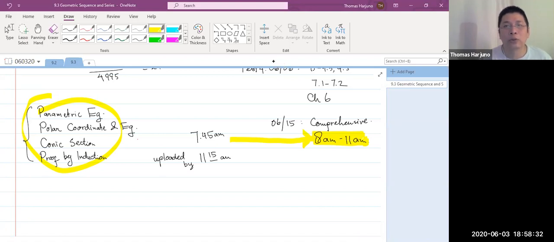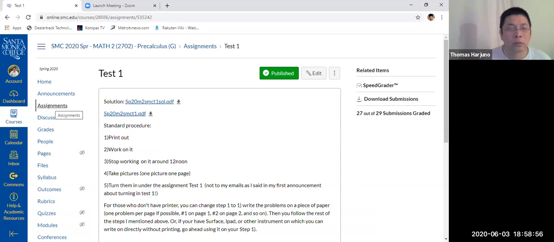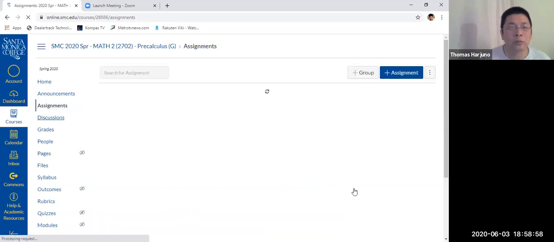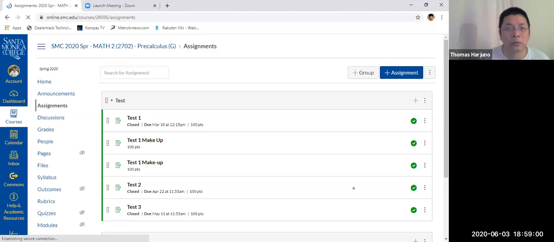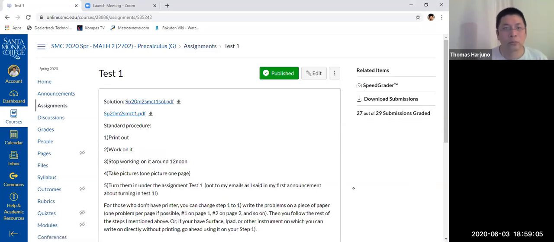Solution for test 1, test 2. I really thought that I already posted it. Let me see. Test 1, yeah, I already have the solution. You go to the assignment, and then you click test 1 and you see the solution here.